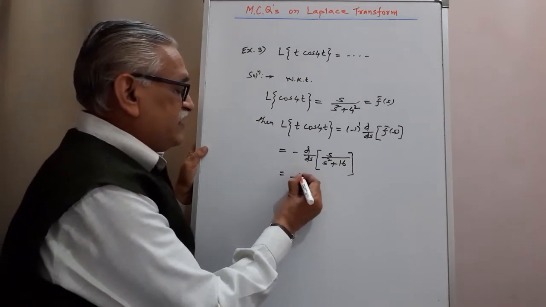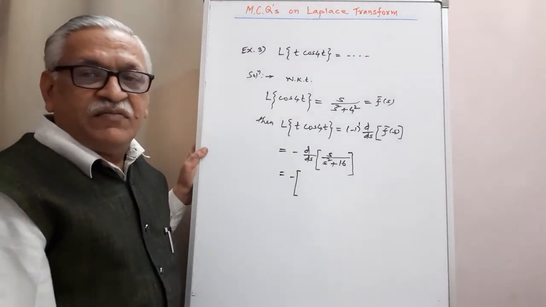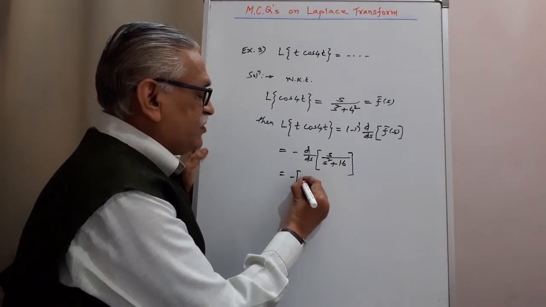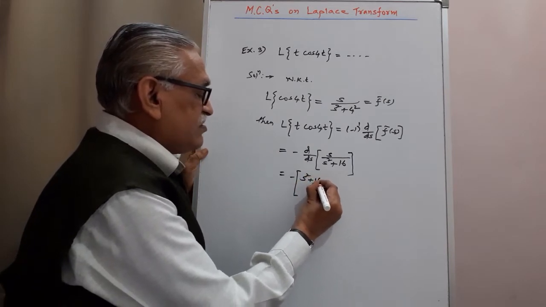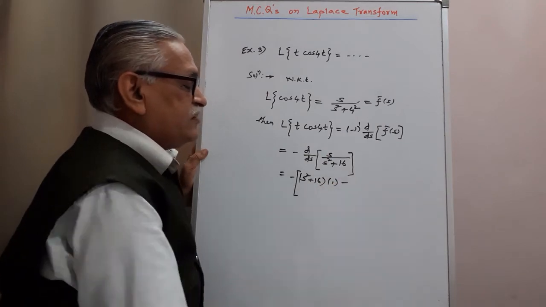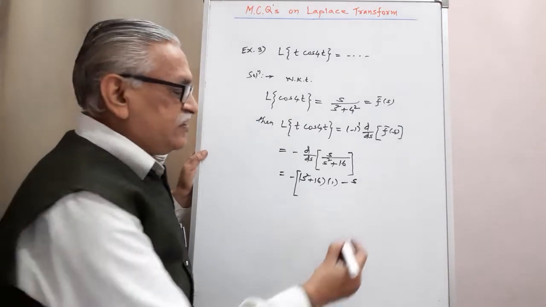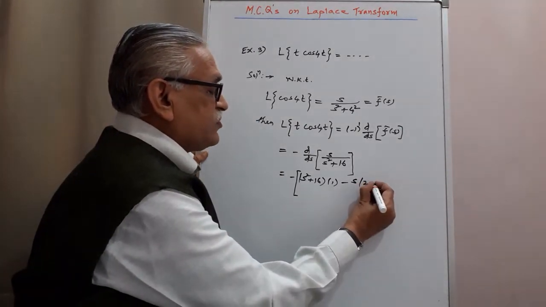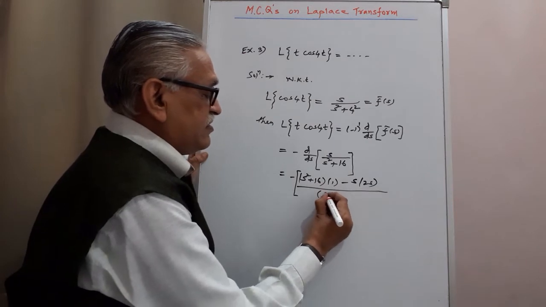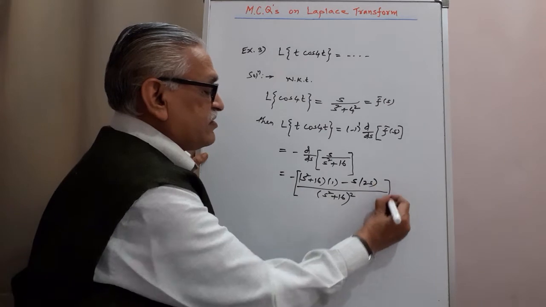It is equal to minus, differentiating this by using the quotient rule, the u by v rule, so it is s square plus 16 into the derivative of s with respect to s, which is 1, minus s into the differentiation of s square plus 16 with respect to s, which is 2s, and the whole divided by s square plus 16 bracket square.